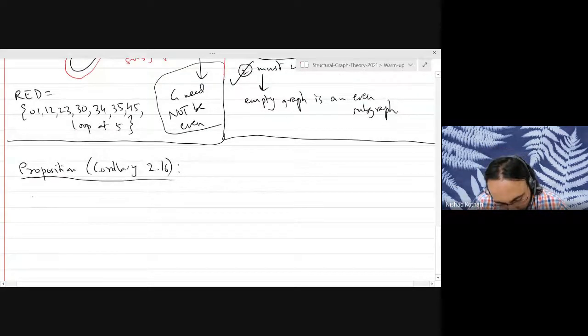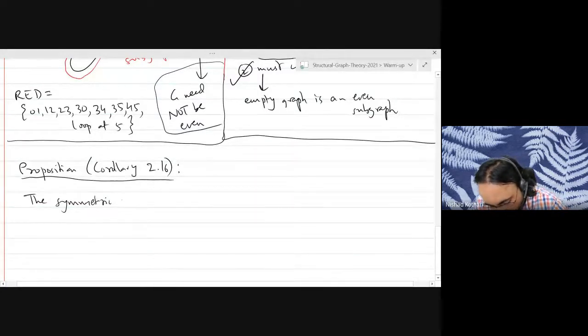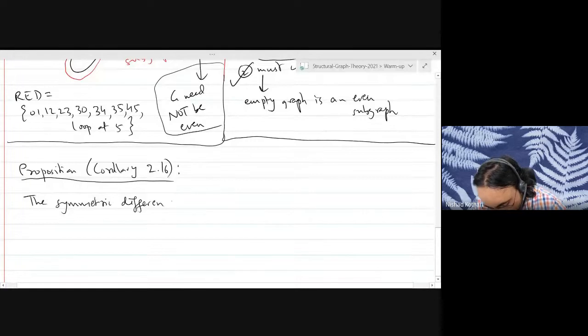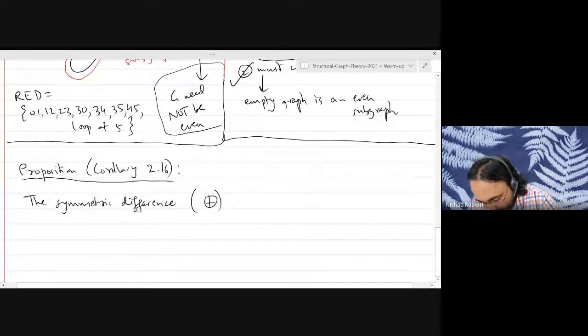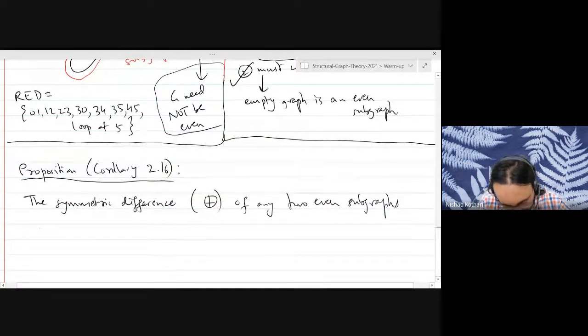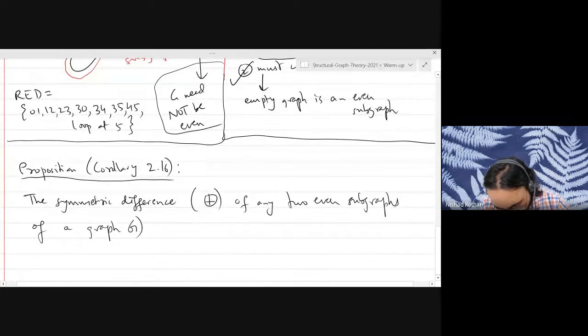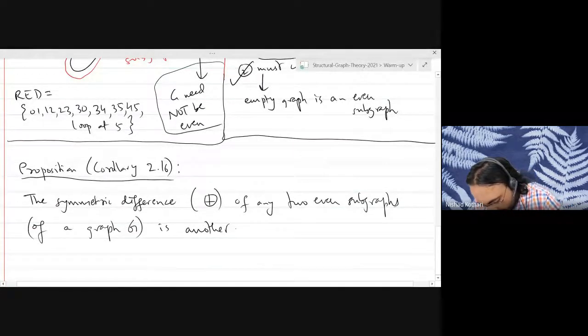We will prove that the symmetric difference, remember symmetric difference is our addition operation, of any two even subgraphs of a graph G is another even subgraph.